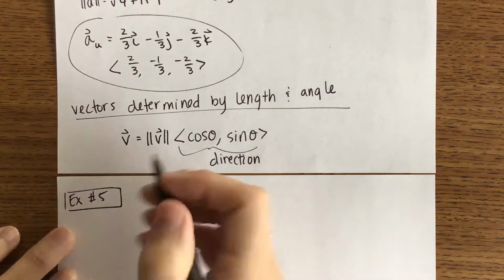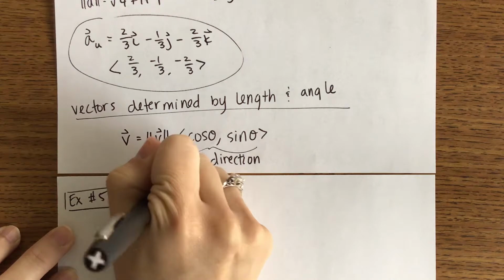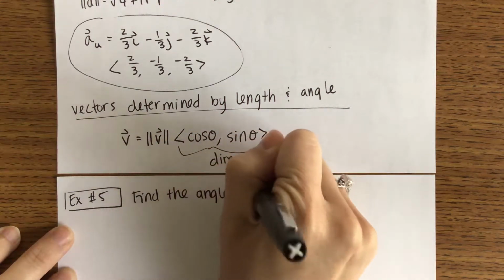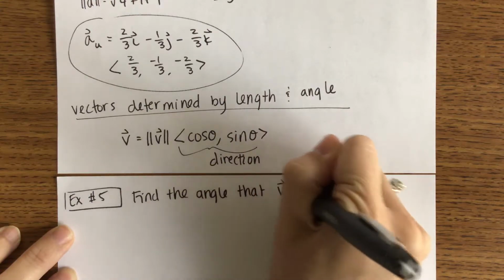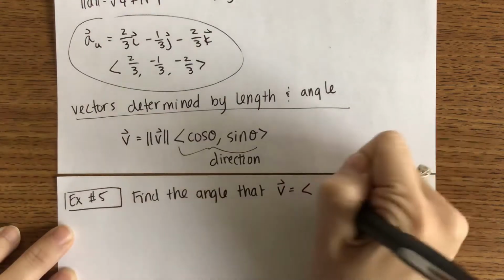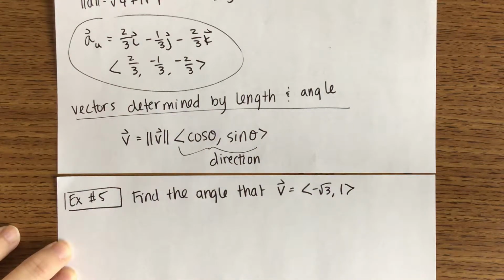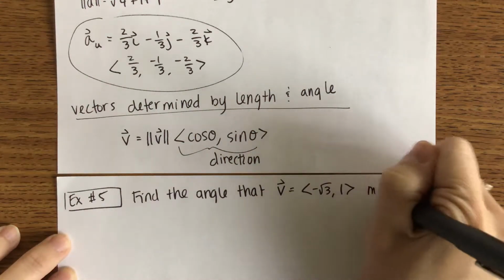Okay, example 5. We are going to find the angle. That vector v. V is going to be the vector negative root 3 comma 1. We are going to find the angle that that vector makes with the positive x-axis.